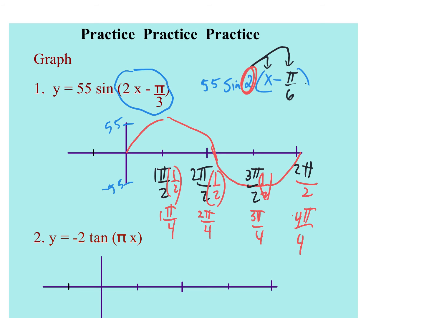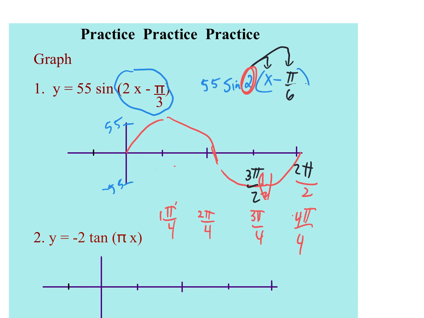And now, how far is pi over 6? Yuck. I would ask myself, what's pi over 6 in degrees? Do you remember that? 30. What's pi over 4 in degrees? 45.